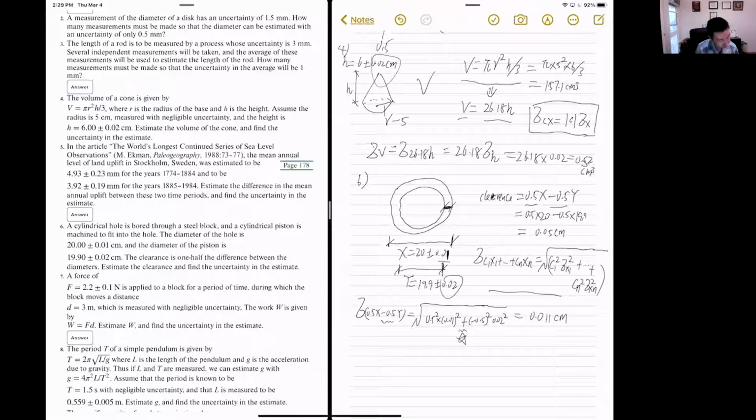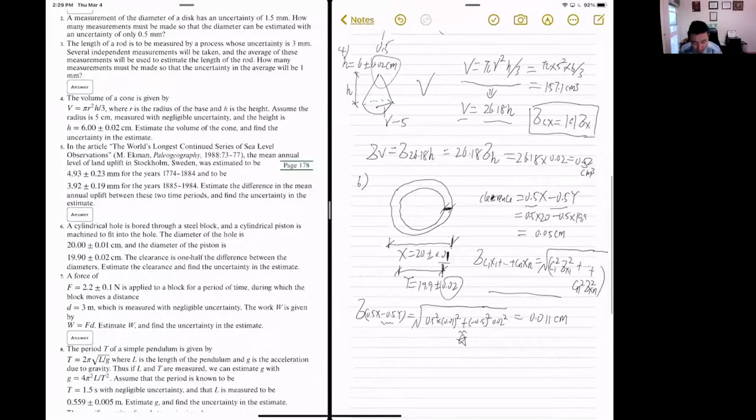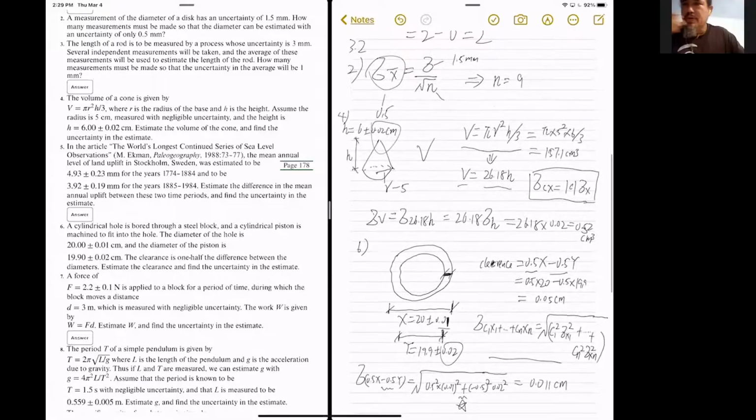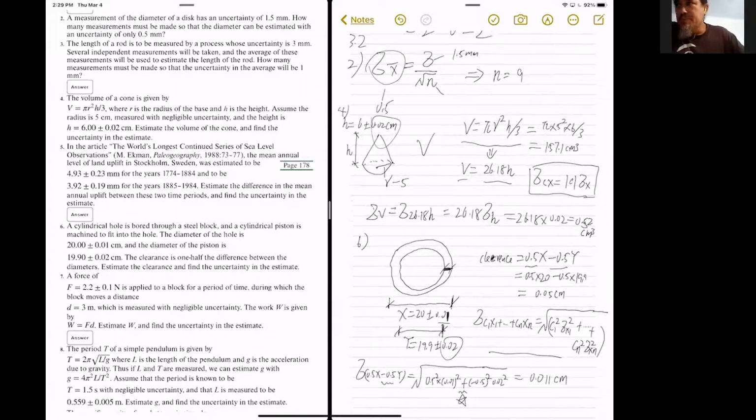So that is linear combination of measurements, from section 3.2. Any questions so far? Okay. So question number 6. The proper expression for that second part would be 0.5 plus or minus 0.01.